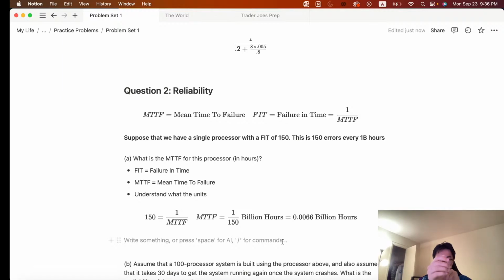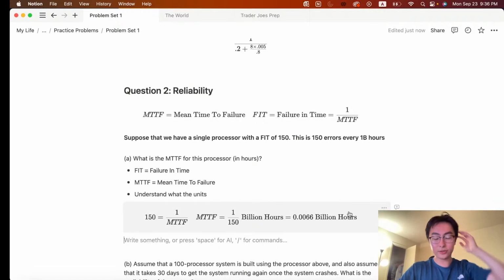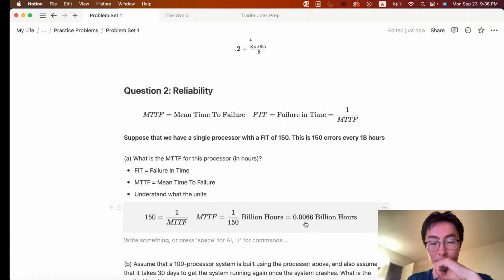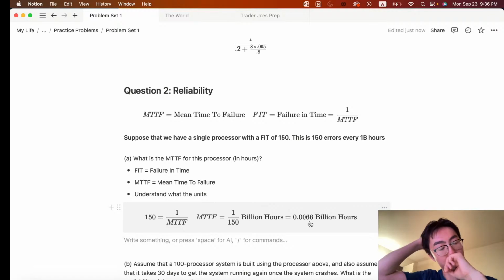If we multiply by 1,000, that's 6.6 million hours.